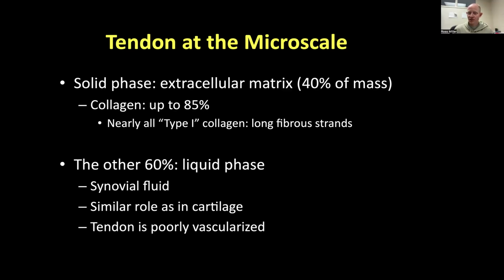That's very important because many tendons, not all tendons, but many tendons are poorly vascularized, meaning they don't have much connection to the circulatory system. Unlike healthy cartilage, healthy tendon often does have direct connections to the nervous system.